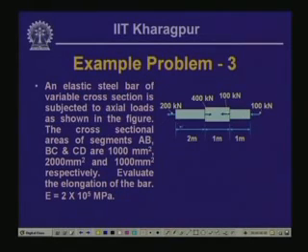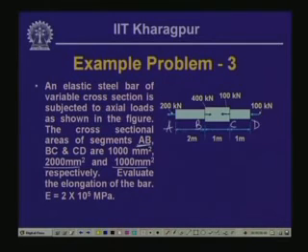Here for this particular stretch of the bar we have one cross-sectional area. Let us call this A, this is B, this is C, this is D. Now, segment AB is having an area of 1000 millimeter square, segment BC is having 2000 millimeter square, and segment CD is of 1000 millimeter square.